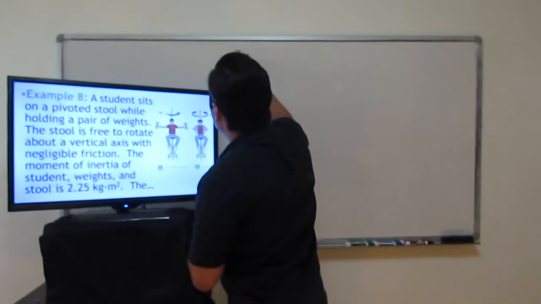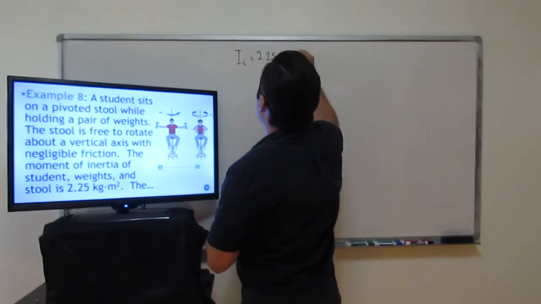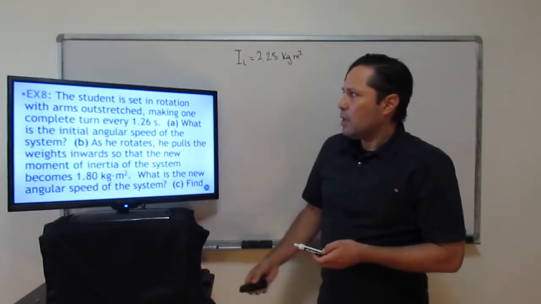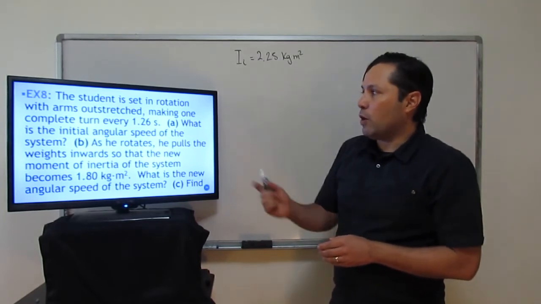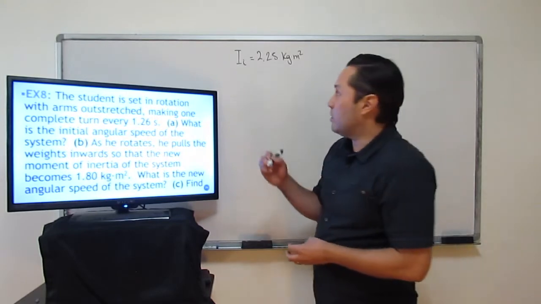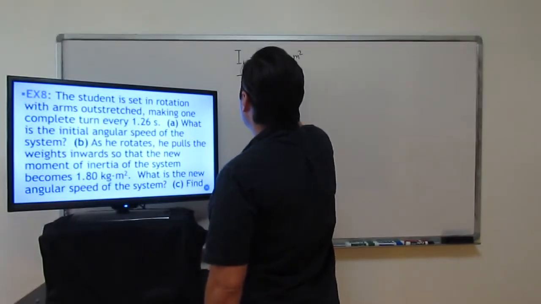Let me write that down. 2.25 kilograms centimeters squared. Next, the student is set in rotation with arms outstretched, making one complete turn every 1.26 seconds. That is the period. So I'm going to write down period is equal to 1.26 seconds.